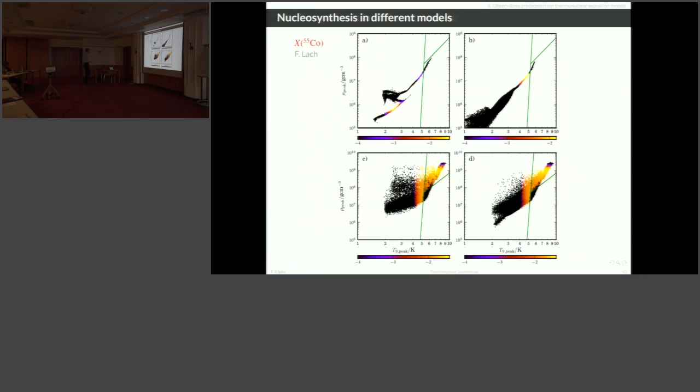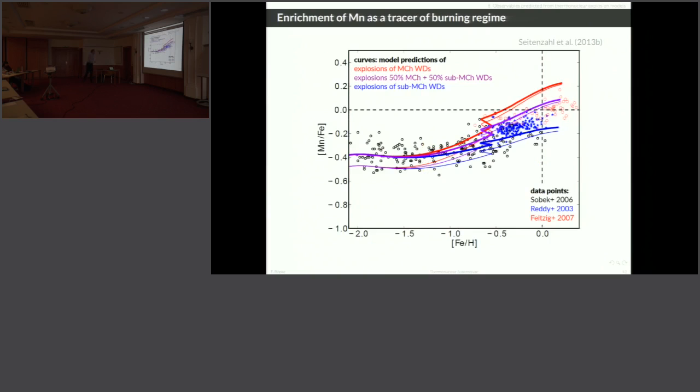Now why is this interesting? Well, this is interesting because cobalt-55 decays to manganese-55. Manganese is a good element to observe because manganese in nature occurs only in this one isotope, manganese-55. Now this has been studied in stellar abundances where we of course are not sensitive to isotopes but only to elements, but manganese can be studied because it's a single isotope species.